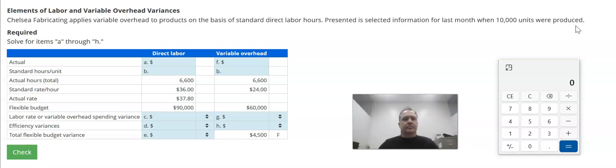Okay. So the way they have this set up, don't you love these, is they've given you pieces of information, and then you have to solve for the missing pieces, and you absolutely can. So it looks like we've got A through H here.